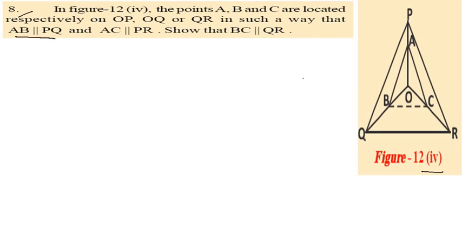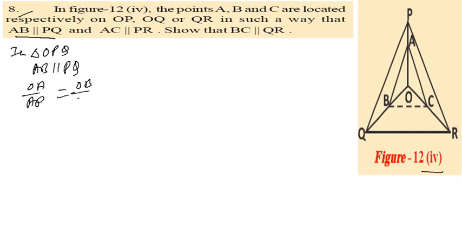So in triangle OPQ, AB is parallel to PQ. So we can write OA upon AP will be equal to OB upon BQ. So it's your equation first.